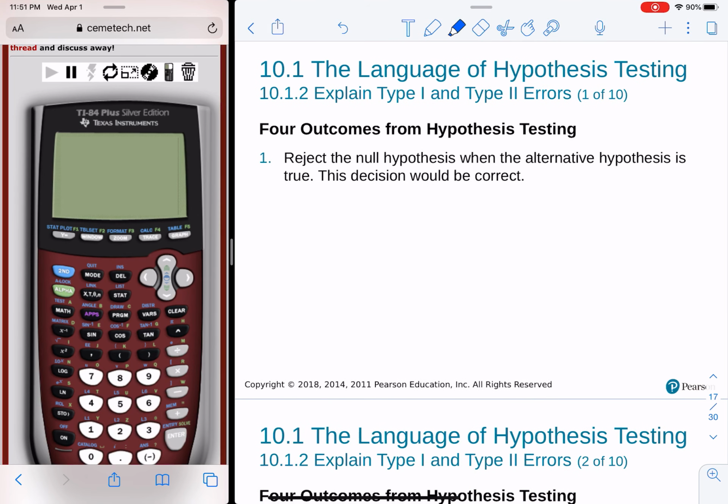So what are the four possible outcomes that one can expect?